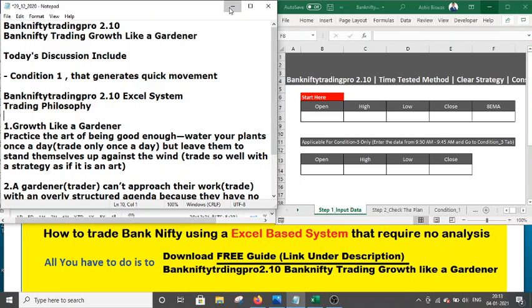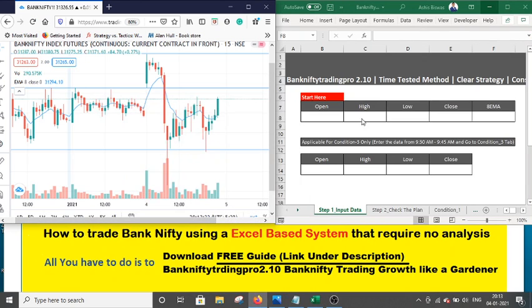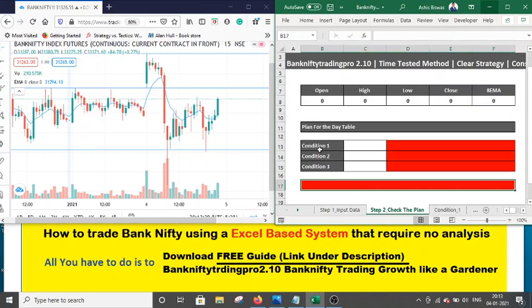That is the reason in this Bank Nifty Trading Pro 2.0, we define at least three different market conditions: condition 1, condition 2, and condition 3. Which condition is apt for the day will be automatically indicated by this Excel.